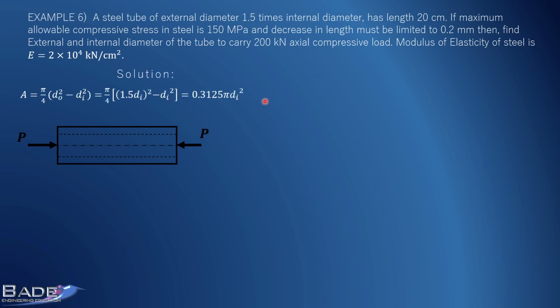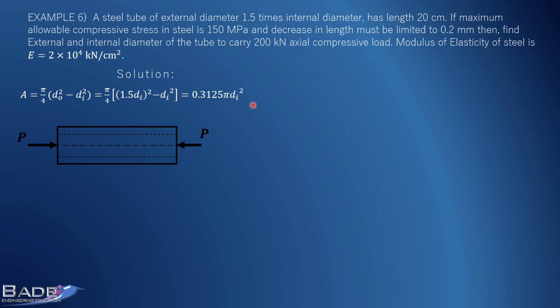This cross sectional area. Outer diameter, we don't know, but it's clearly mentioned that external diameter is 1.5 times internal diameter. So external diameter DO, we have mentioned here 1.5 times internal diameter. And that is why we got this value of cross-sectional area in terms of internal diameter in millimeters squared, of course.